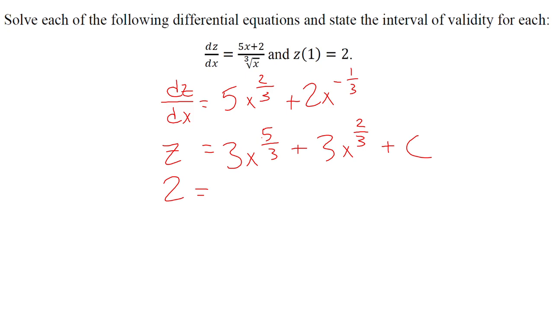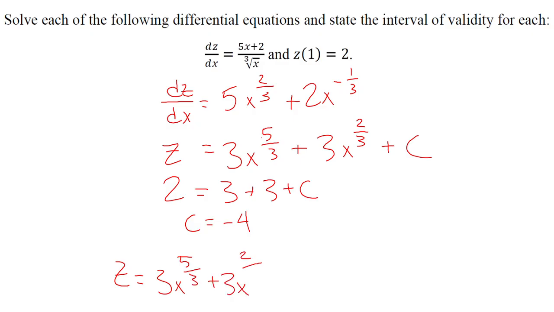If it's 1, it's just 1 to the 5/3. So we have 3 plus another 3 plus our constant. Or our constant is -4. So our final answer here should be z is equal to 3x to the 5/3 plus 3x to the 2/3 minus 4.